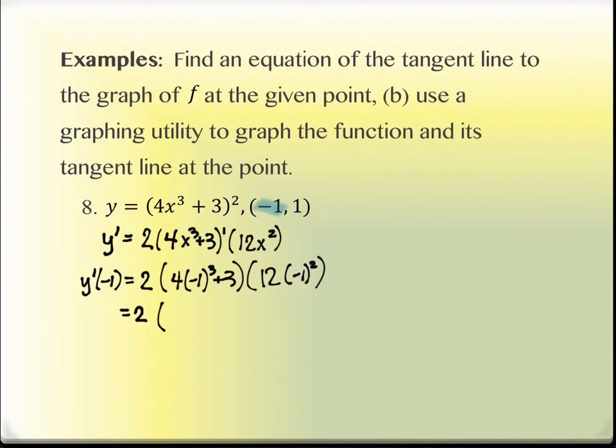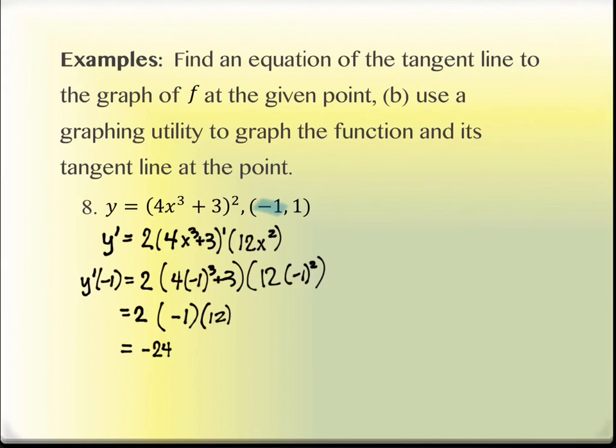So that entire first piece simplifies down to -1. -1 squared here is 1, times 12 is 12. So we have 12. And if I multiply 2 times -1 times 12, I get -24. Okay?